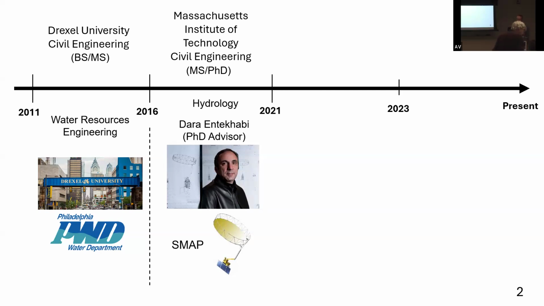I got to do satellite remote sensing with Dara Entekhabi, who's the SMAP science team lead. It was very fun to learn how soil moisture data was actually retrieved from satellites. I actually helped write an algorithm to do this, and then used the data and looked at what applications you can do with large-scale soil moisture measurements.